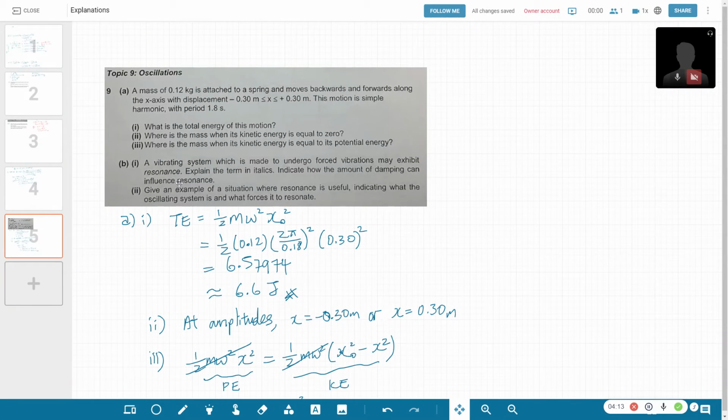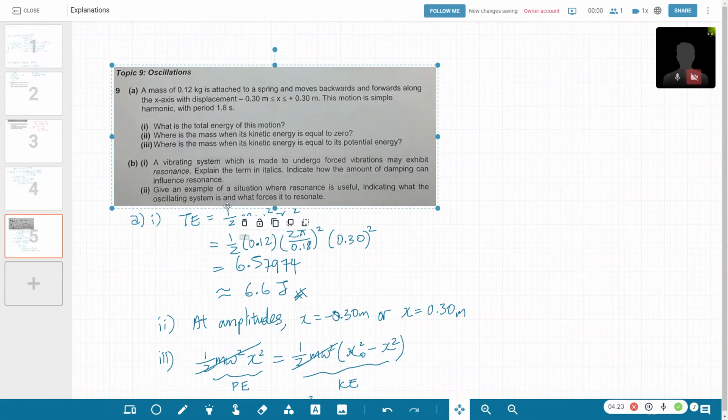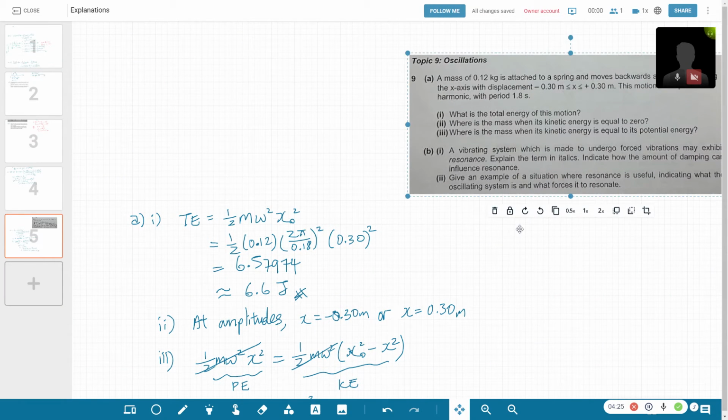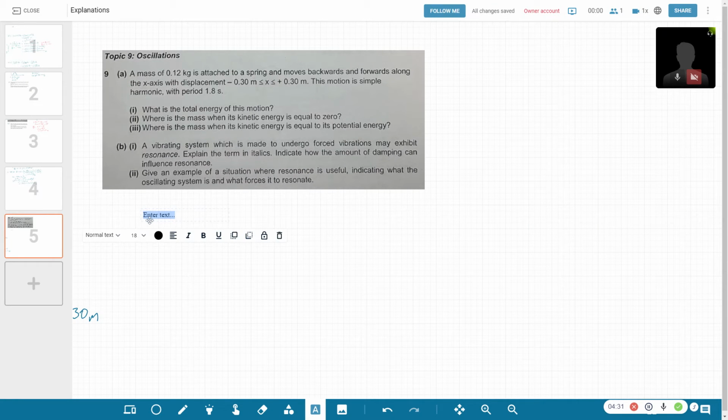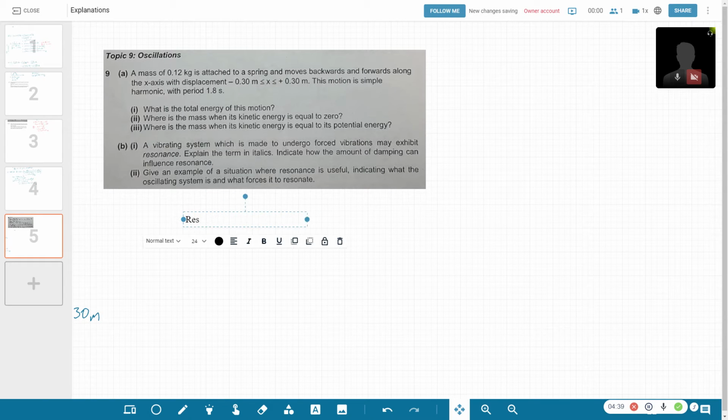Part B. A vibrating system which is made to undergo forced vibrations may exhibit resonance. So explain resonance. Explain resonance is basically just the definition, so this should be pretty straightforward.